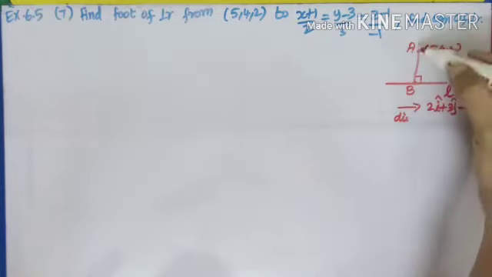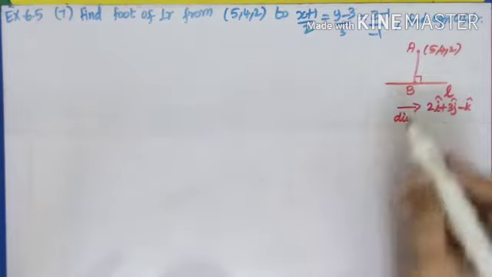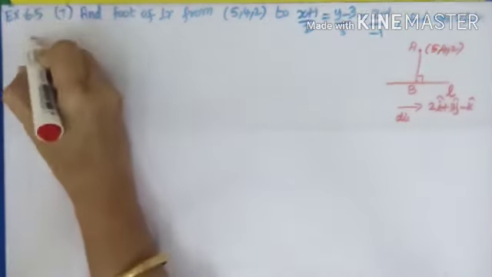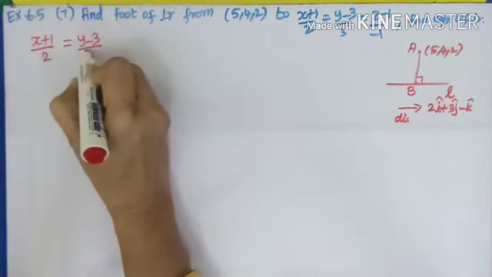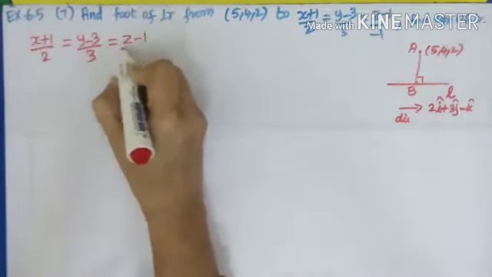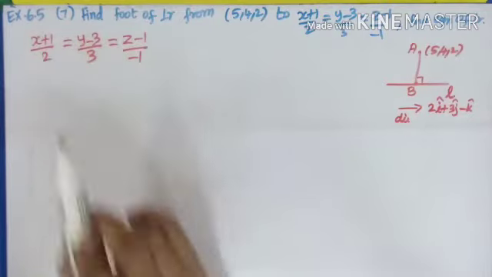So that means if I know the AB direction, the dot product is equal to 0. First, what is the line? (x plus 1) by 2, (y minus 3) by 3 equals (z minus 1) by minus 1. X, y, z are positive with coefficient 1.